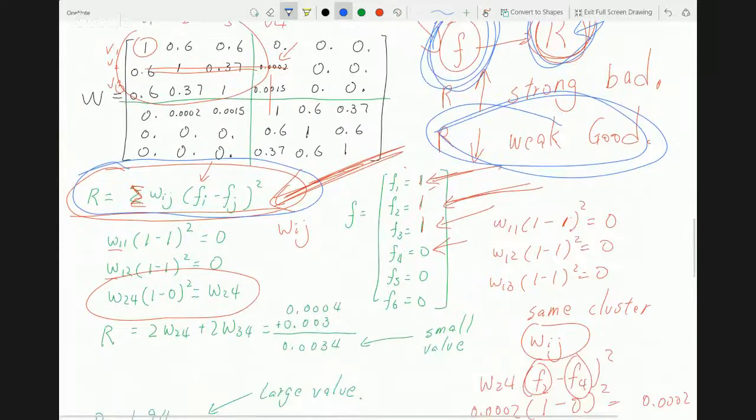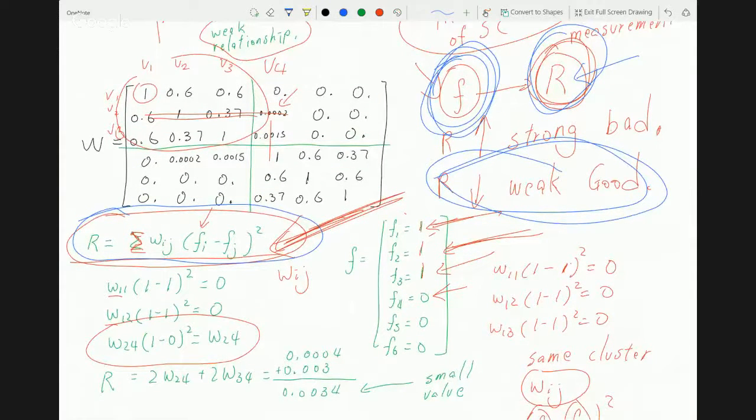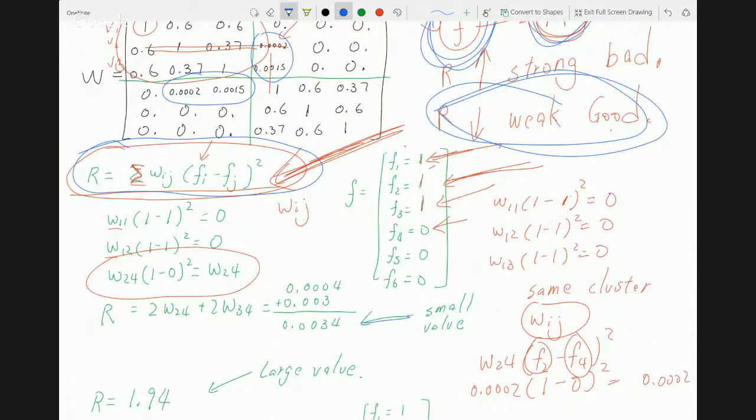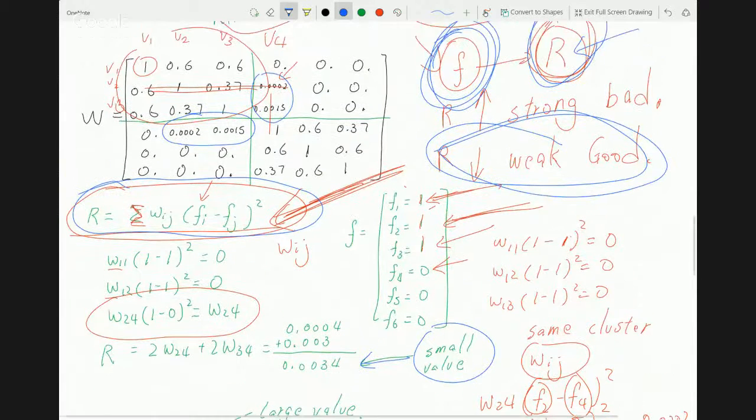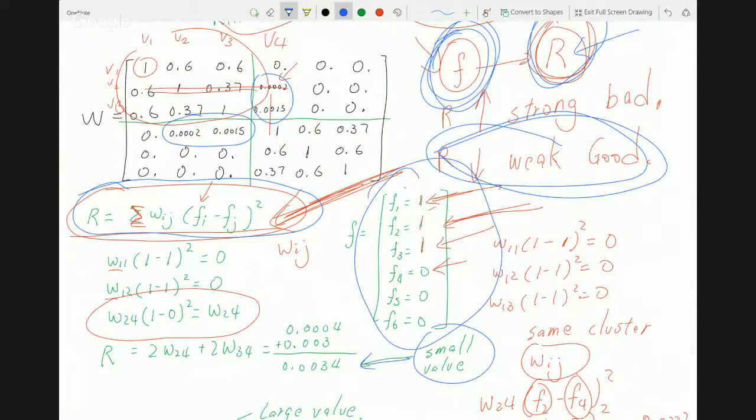Now, if we calculate this, we will end up adding these numbers up. If we add them up, we get a very small value. And that makes sense. We want a small value because this is the right solution.